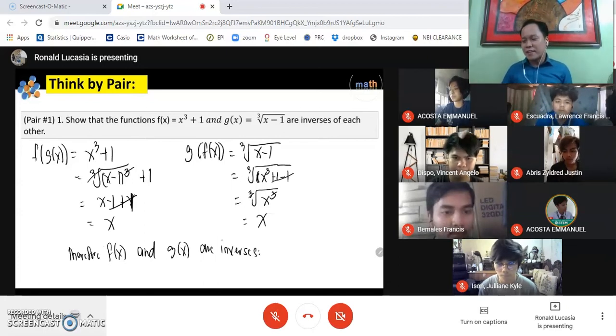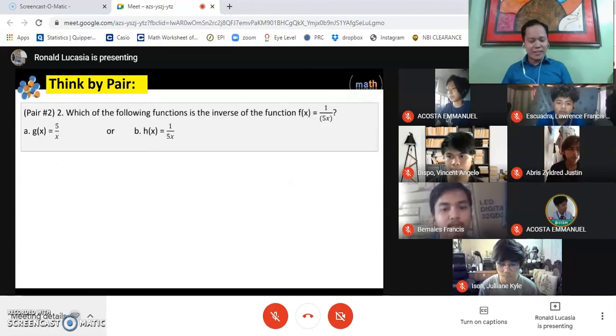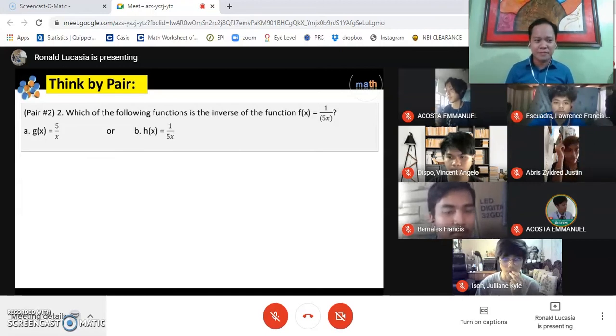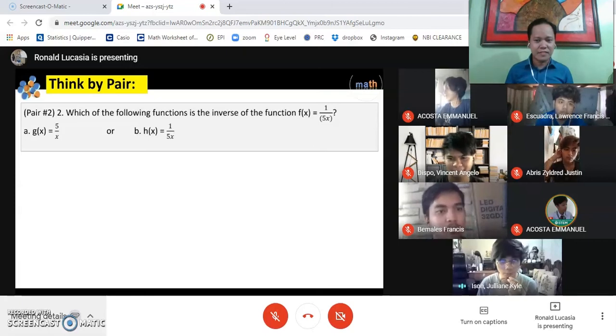Okay, let's hear from Lawrence and Eason for number 2. How did you solve number 2? So the question is, which of the following functions is the inverse of the function f of x is equal to 1 over 5x?